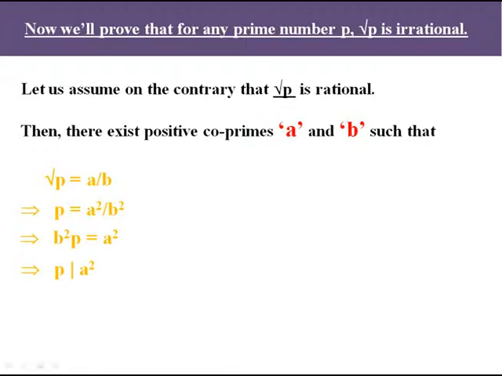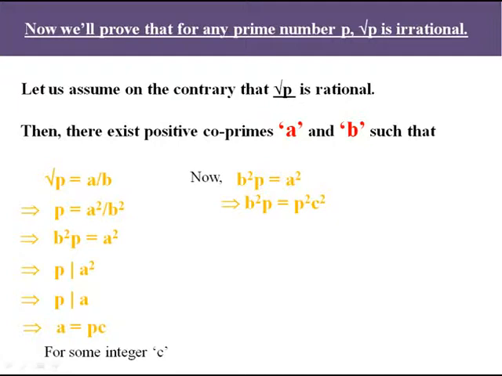So this means that p completely divides a square. And using the fundamental theorem of arithmetic, we can prove that p completely divides a as well. This again means that a is equal to pc for some integer c. Now b square p is equal to a square.